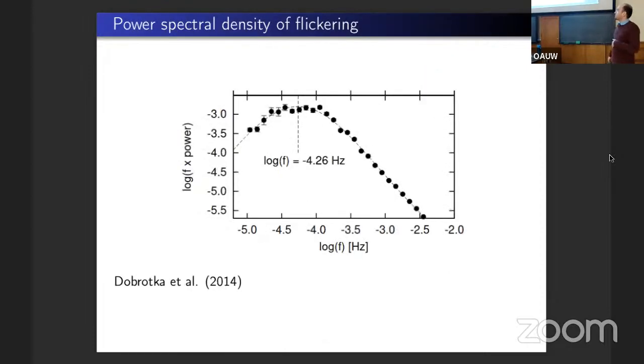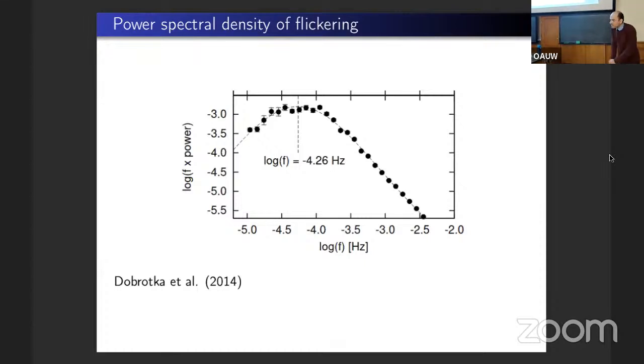And this is the power spectral density of data showing flickering. You can see the break frequency at a frequency of 10 to the minus 4.26 hertz.